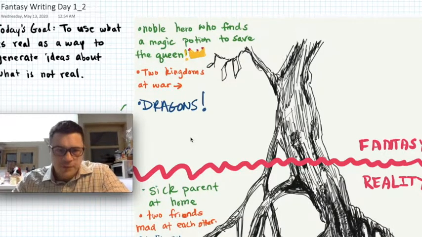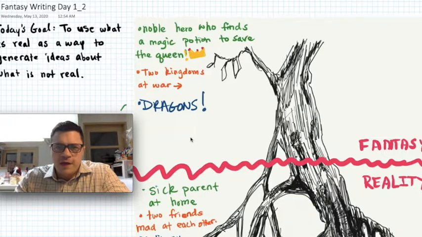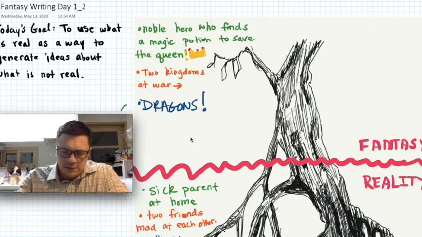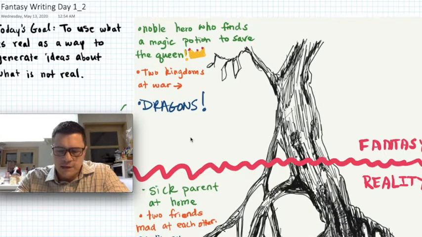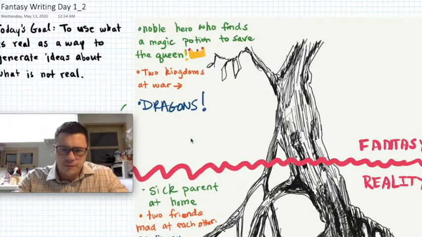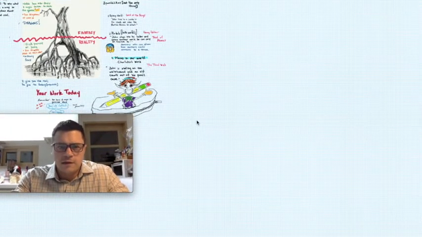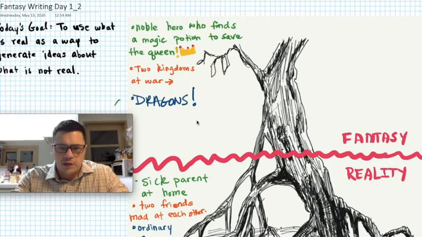All right, so the goal I have up here for you today is to use what is real as a way to generate ideas about what is not real. What I hope to show you today is that a lot of fantasy stories are grounded or rooted in the real world. To help you visualize that, I've drawn a tree.